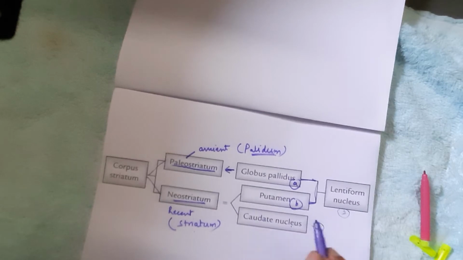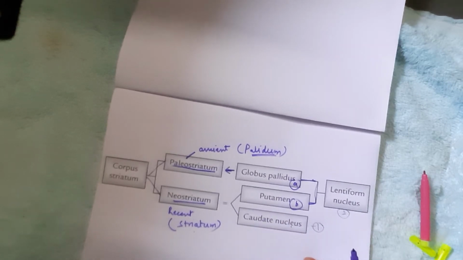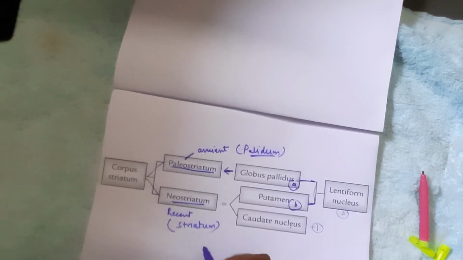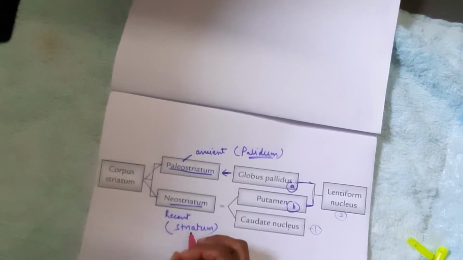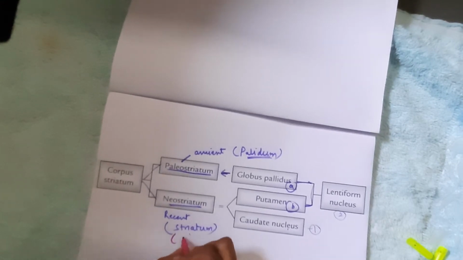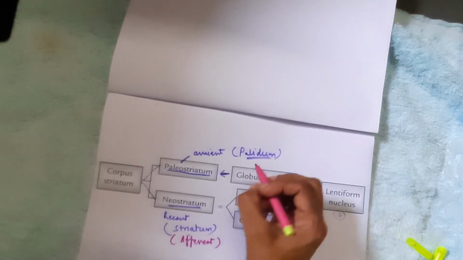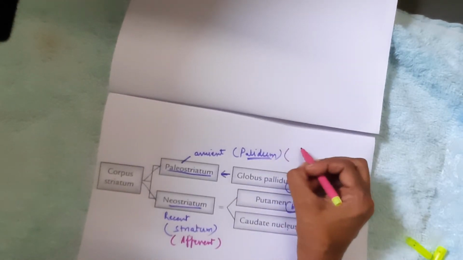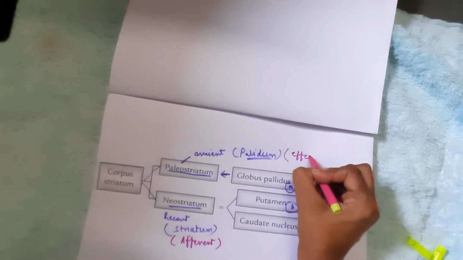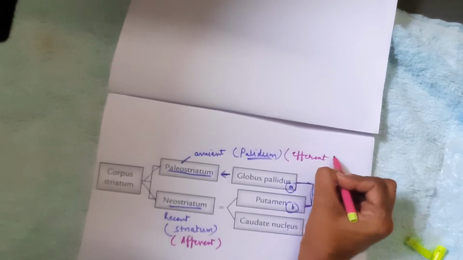They combine together to constitute the neostriatum, the striatum. This striatum is mainly afferent, whereas this pallidum is mainly efferent.